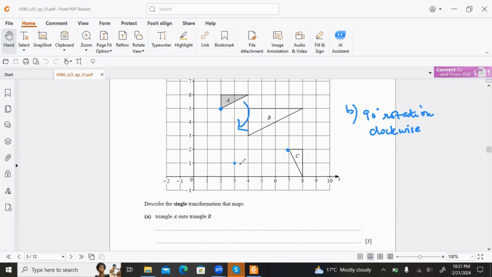It's equidistant, and the only thing that is changing is the direction. If we take it over here and take that over here, 90 degrees. That's what we're trying to prove, that there's a 90-degree rotation in a clockwise direction.